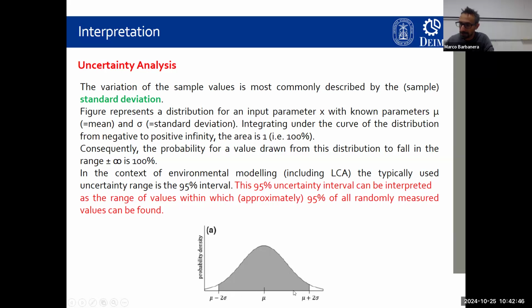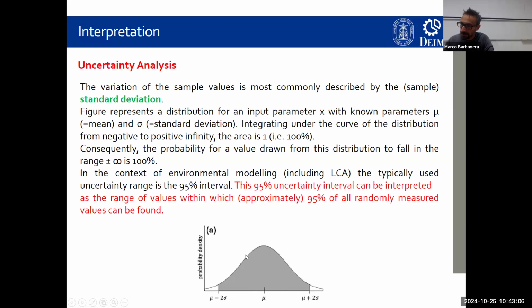You can define a range between the average value minus 2 times the standard deviation, and the average value plus 2 times the standard deviation.